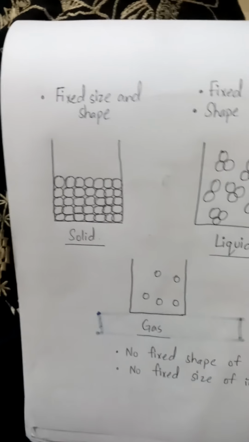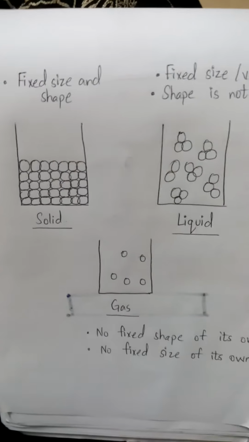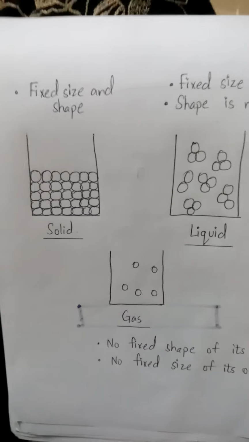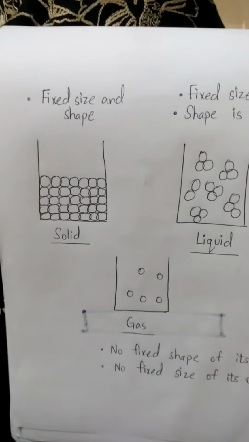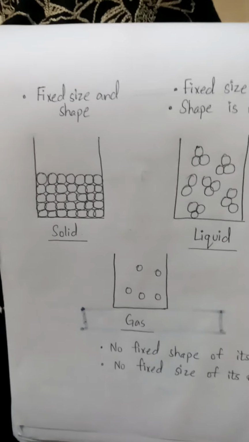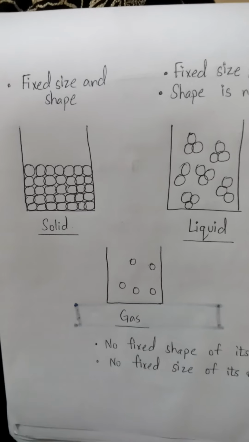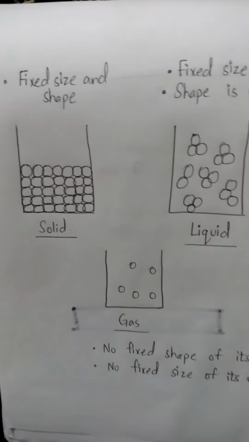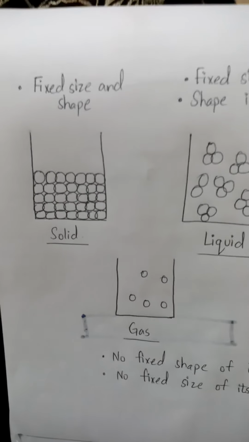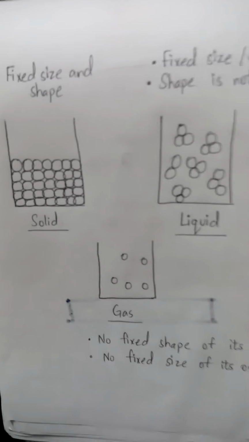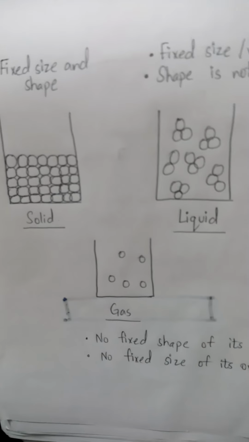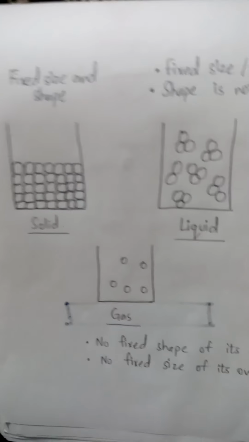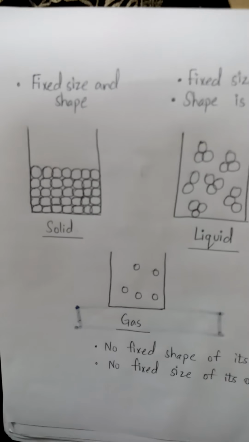Let's say we have a glass. Okay, it's also a solid, right? And it also has a fixed shape and fixed size, and if I drop it, its shape changes, okay, and its size also changes, it becomes small. That's another concept, because why do the size and shape change?